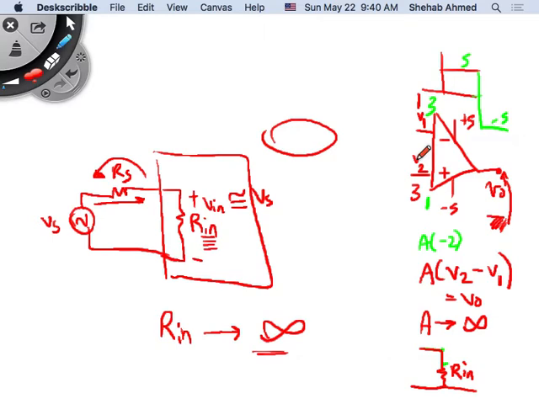If we say that it behaves similar to an ideal op-amp, it means that if you connect the signal, current will not flow. So I here will be 0, and I here will be 0. There will be no current flowing in. It's like the terminals will come in and then they will be terminated.